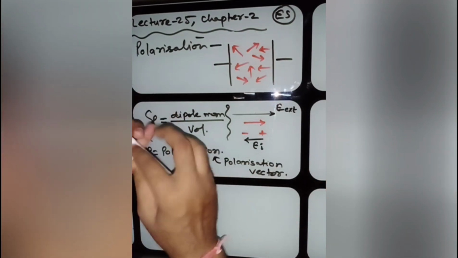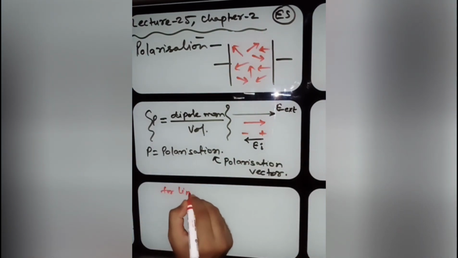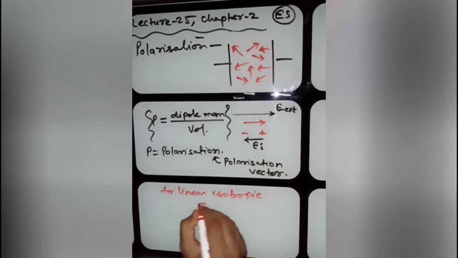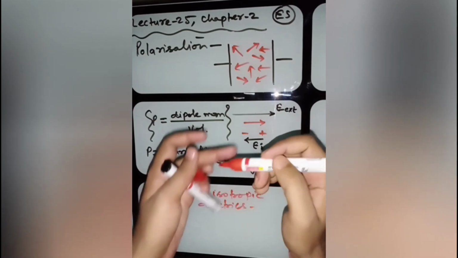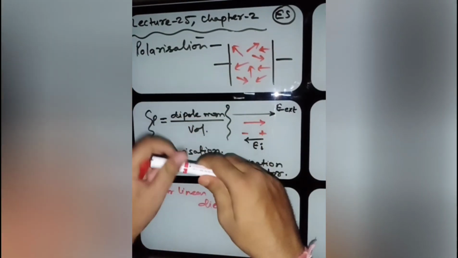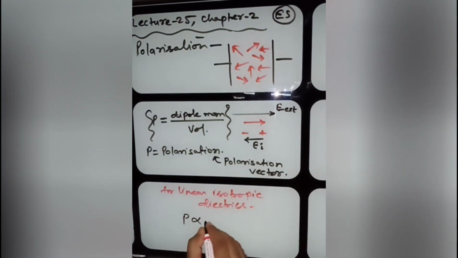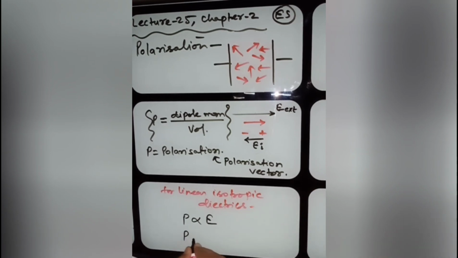For linear isotropic dielectrics, remember, this polarization is directly proportional to the external applied electric field, and this is compensated by a constant.